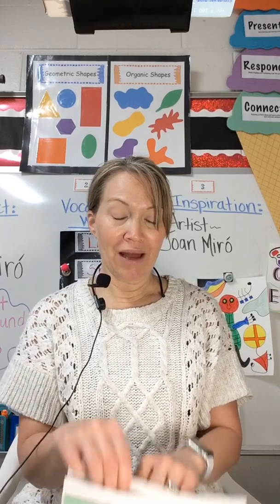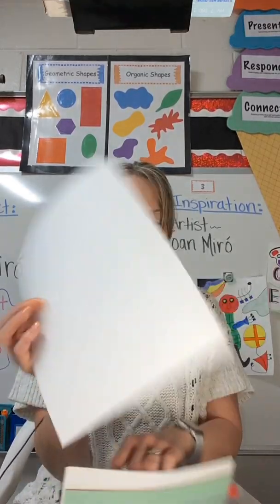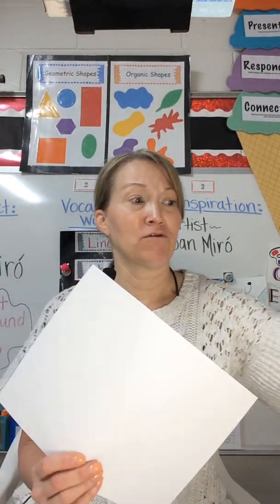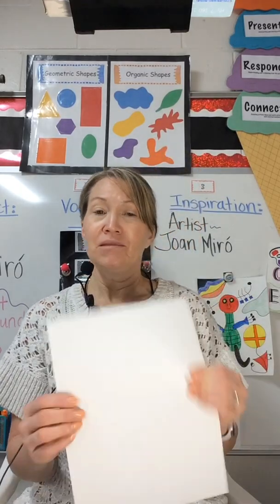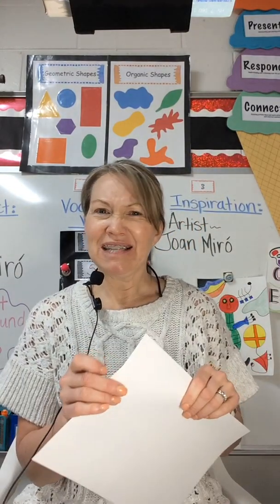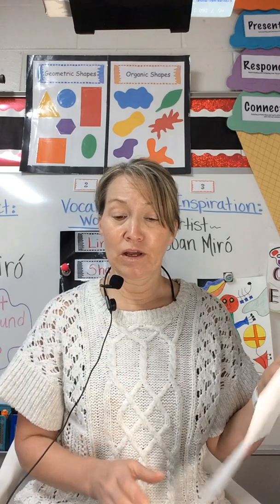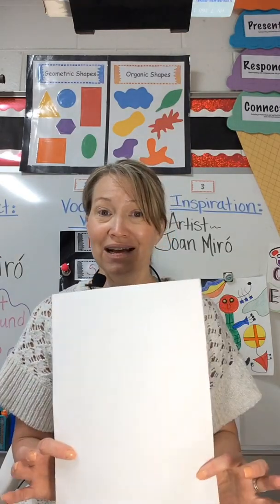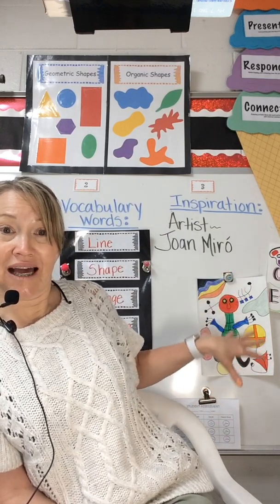Now, in your packet, you just want to grab a piece of drawing paper. That's just the regular paper. It's not the extra thick paper that we use for watercolor. Okay, so that's what you will need for your project. And we're actually going to use markers because I think you can see those bold designs.